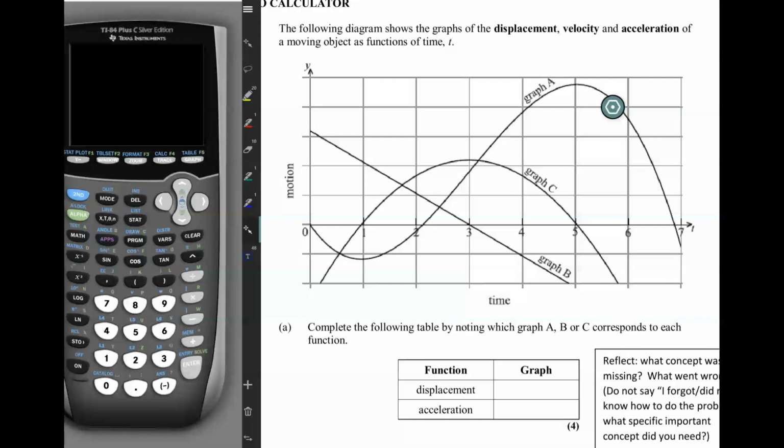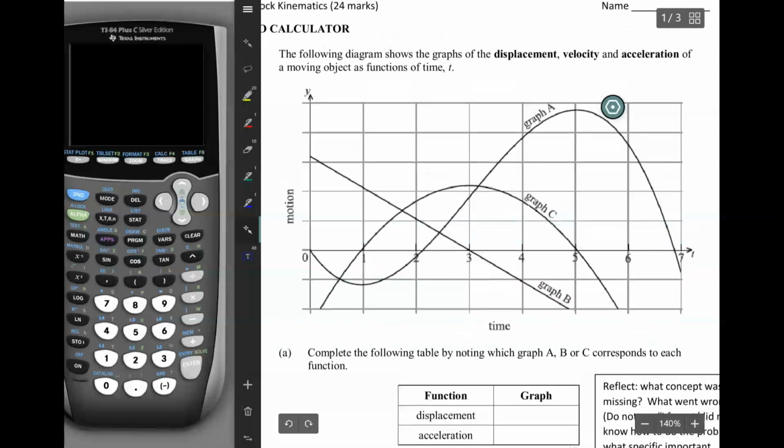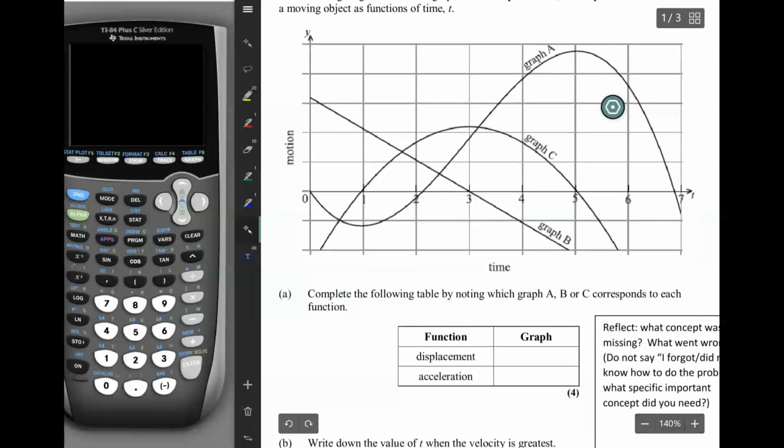Remember in the investigation for differentiation that we first did, we took the derivative of a parabola, and we found out that the derivative was a line.